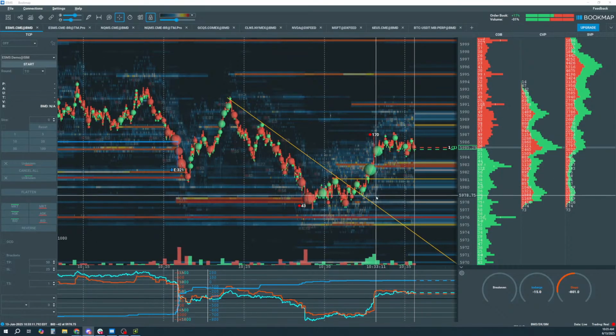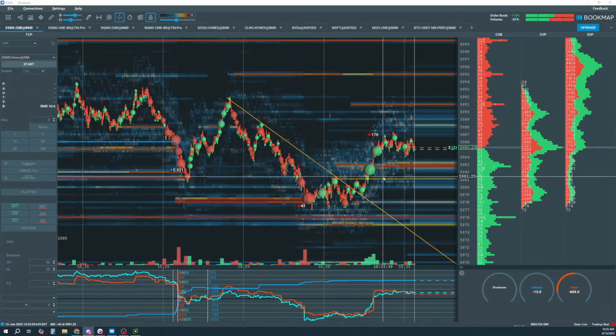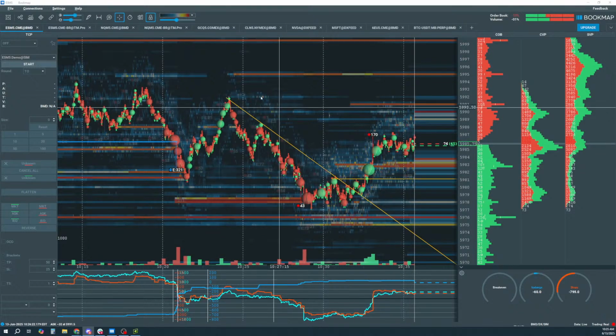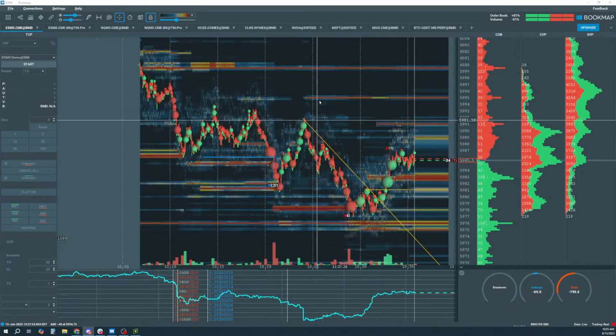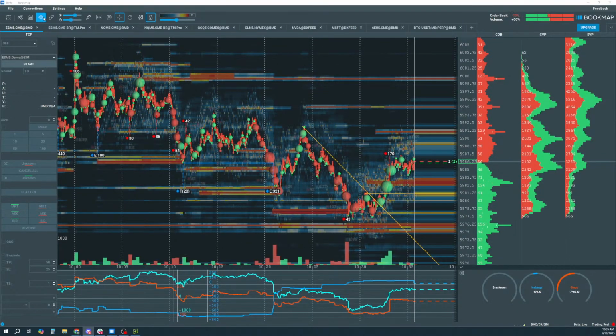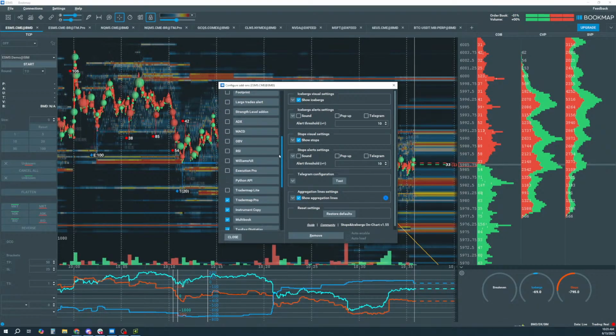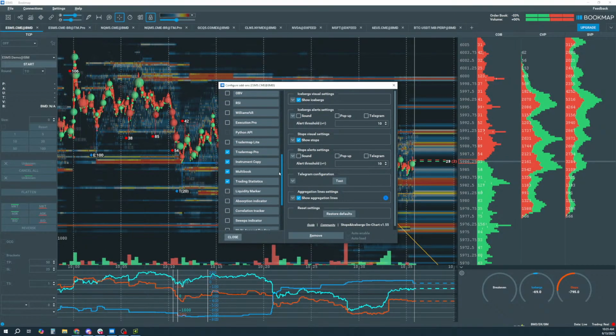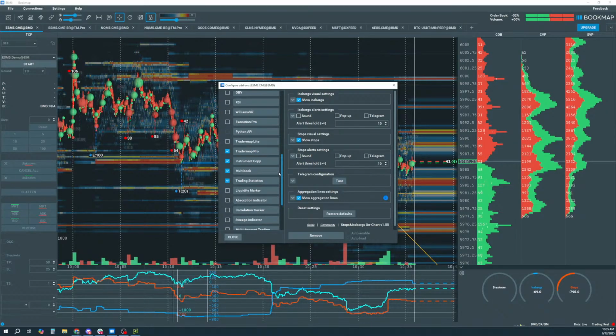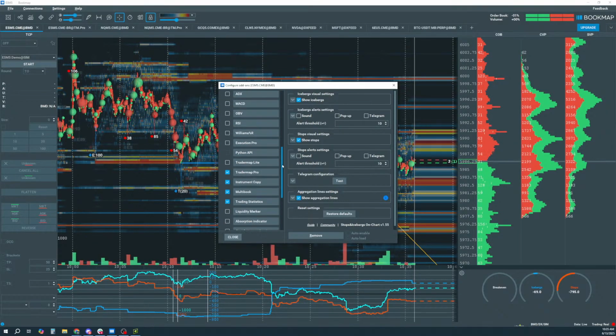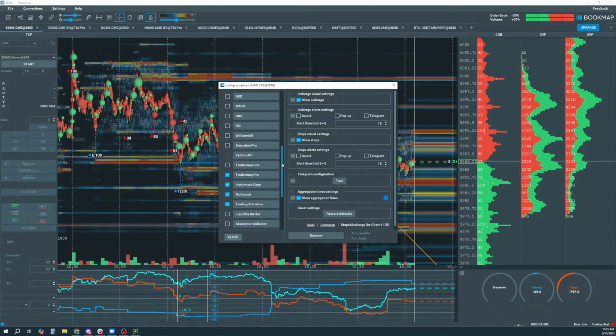Yeah, sure, we can add the footprint chart on here. So just go up to the configure add-ons, and then look for, where is it here? There it is.